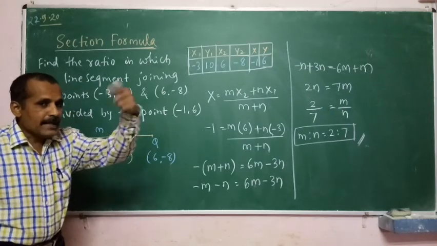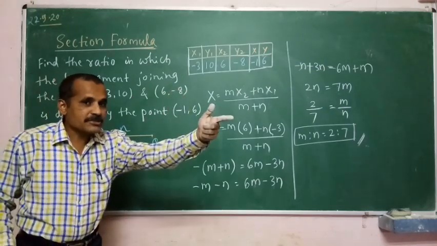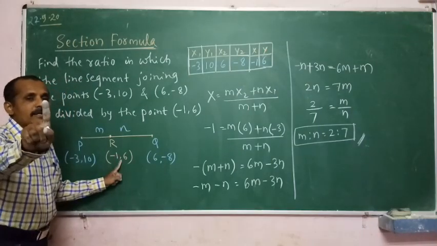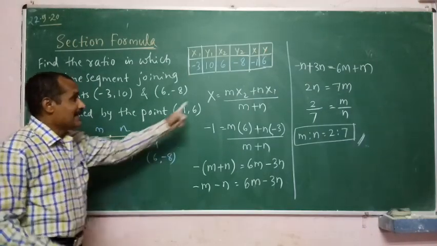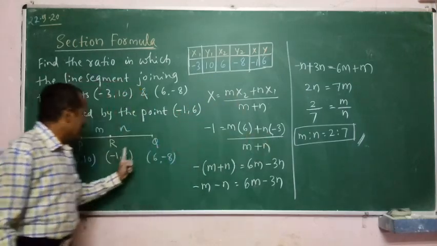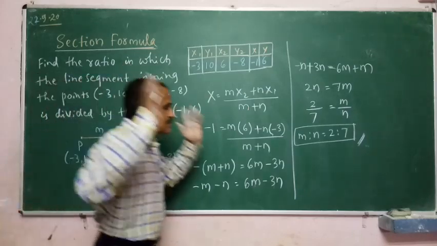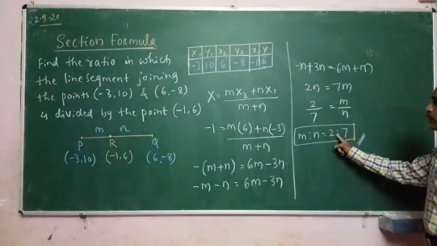Keep in mind, in the next problem I am going to change it. I will not give you two values, I will give you only one value. But for the time being, let me check the answer by taking the second value also. I will confirm it. Yes, you are getting the same answer. Keep in mind, we got the answer 2 is to 7.